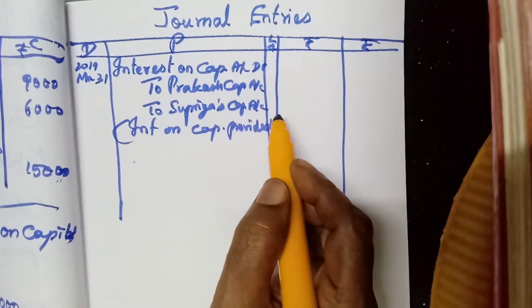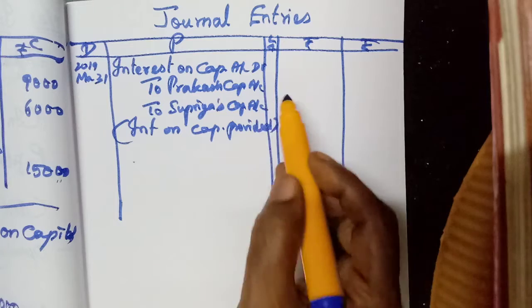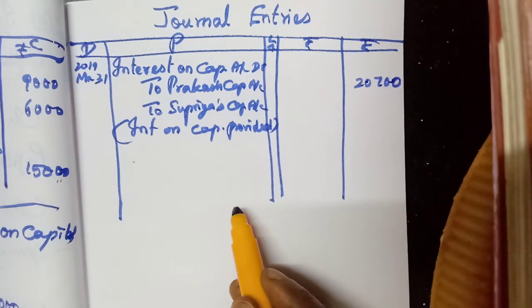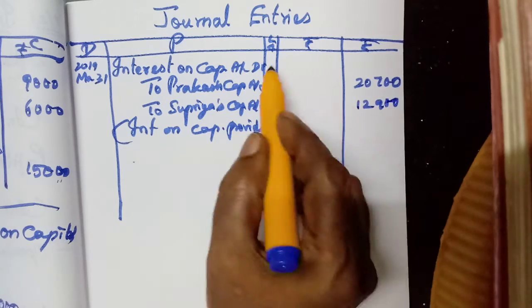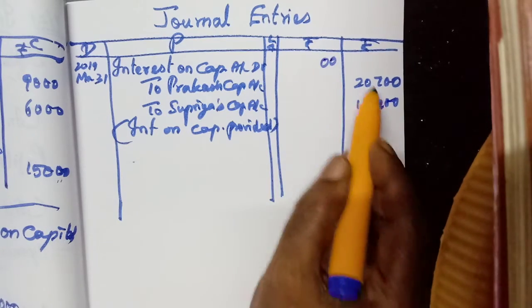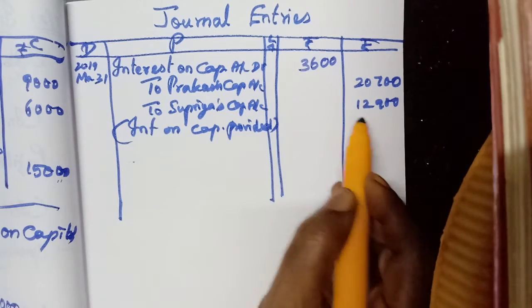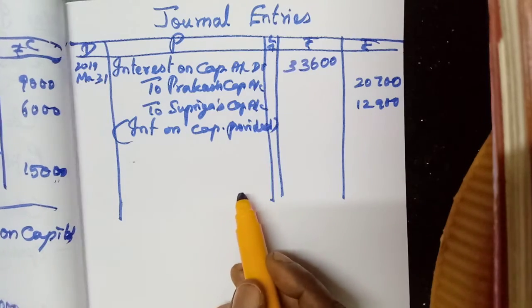How much interest? We will write Prakash's interest on capital 20,700. Supriya 12,900. So total we will write here: 0 0 9 plus 7, 16. Balance 1 3 3. 33,600.